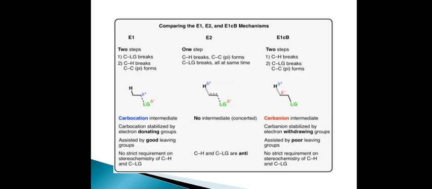In E1 there is no strict requirement on the stereochemistry of C-H and C-leaving group, whereas in the E2 mechanism, as I told you, it should be anti-periplanar. The C-H and the leaving group should be in opposite directions, and in the E1cb mechanism, there is no strict requirement on the stereochemistry of the C-H and C-leaving group bond.